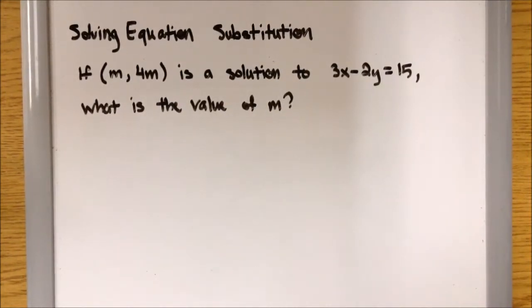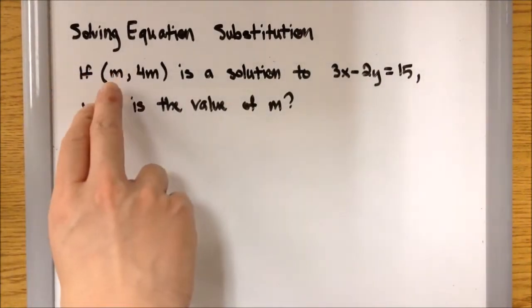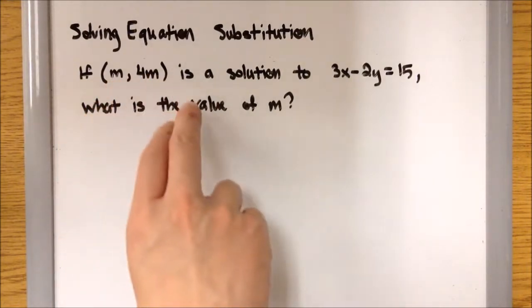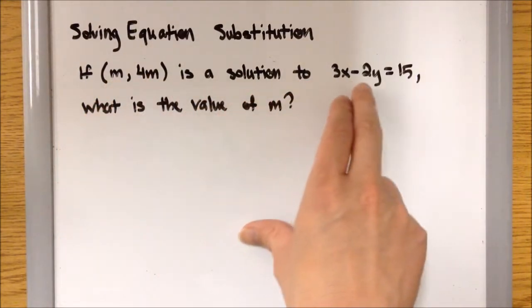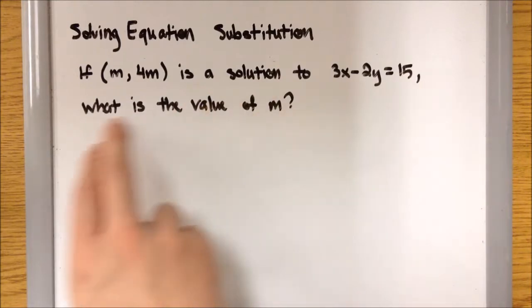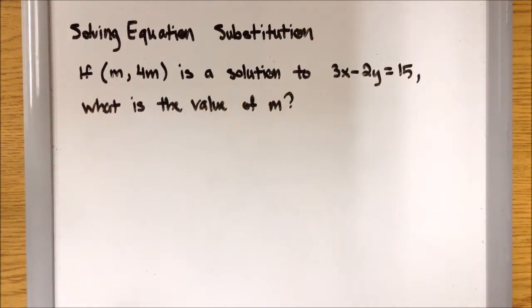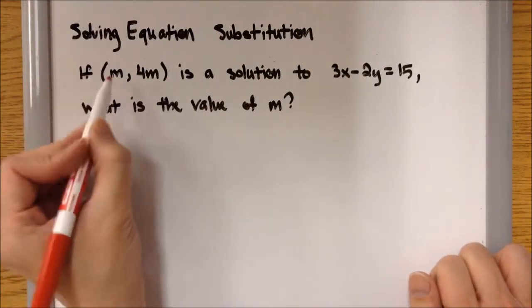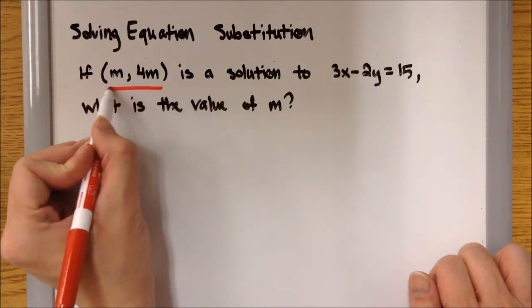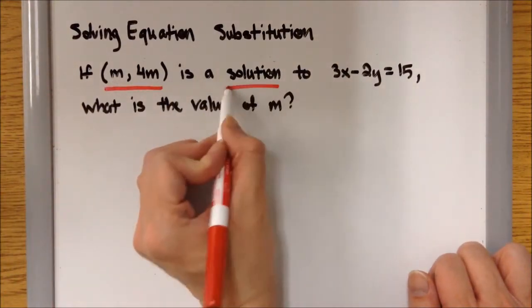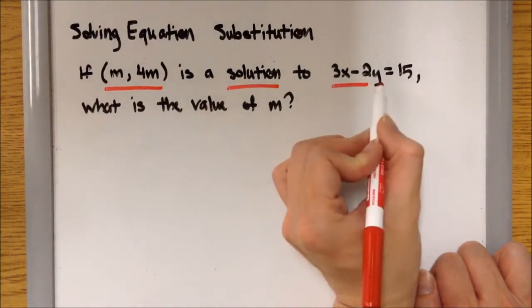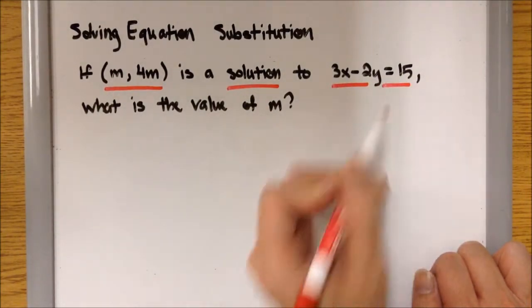Alright, in our third example, we have: if m, 4m is a solution to 3x minus 2y equals 15, what is the value of m? So we know that m, 4m is a solution to 3x minus 2y equals 15.